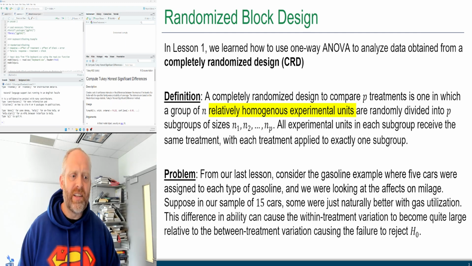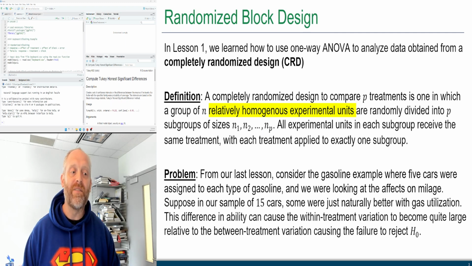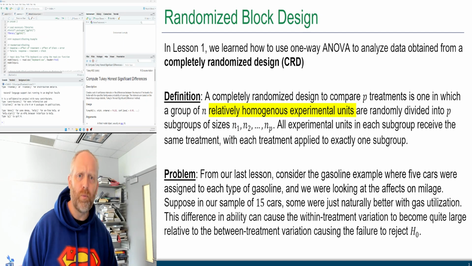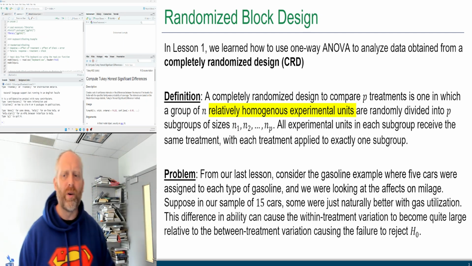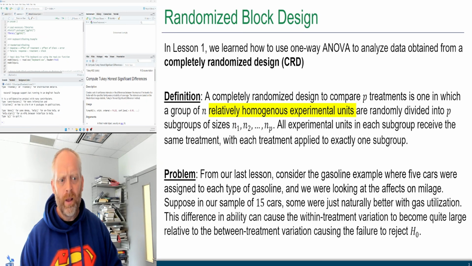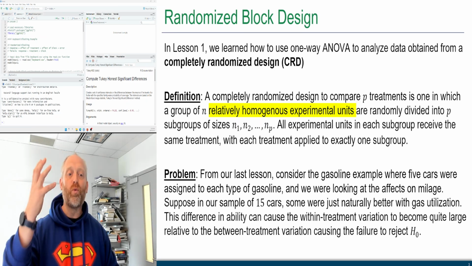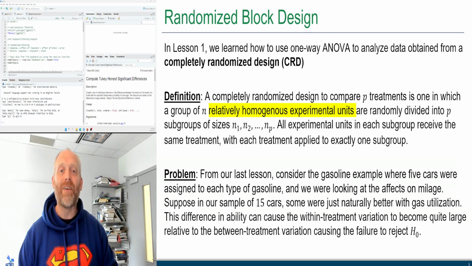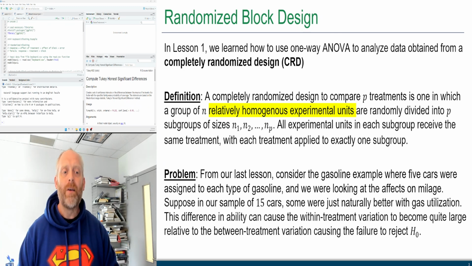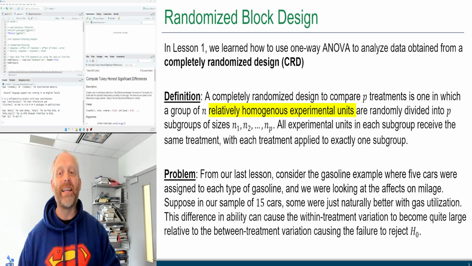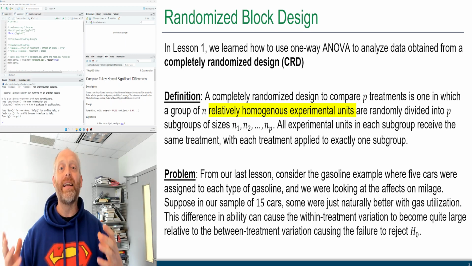Continuing on, the difference in ability can cause the within treatment variation to become quite large relative to the between treatment variation, causing the failure to reject H naught. Remember when we were looking at the ratio between the two, we were looking at the between treatment, so how far away is the average of each treatment from the center, versus the within treatment, how good is that center at explaining the variation in the treatment itself.